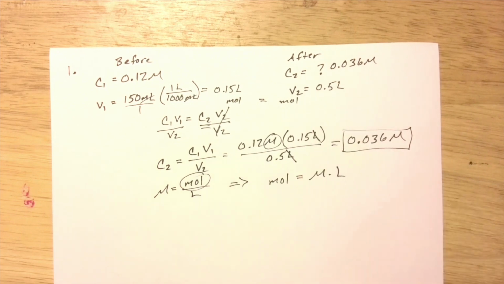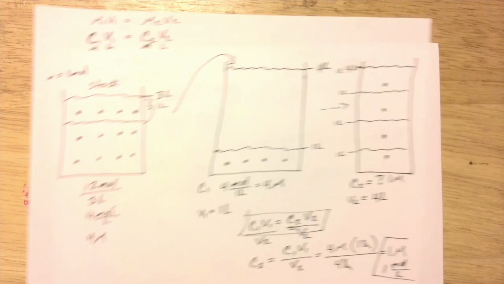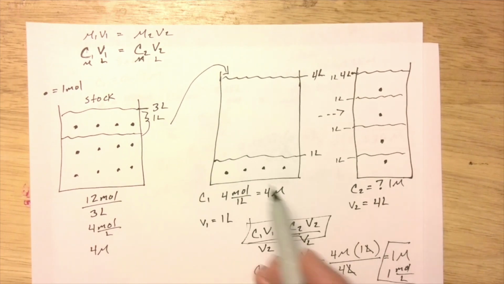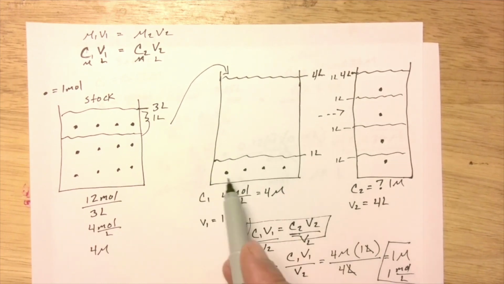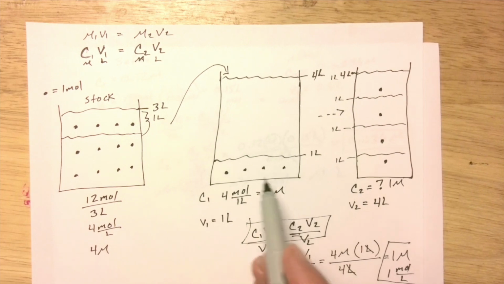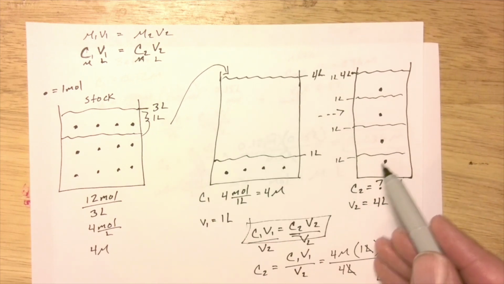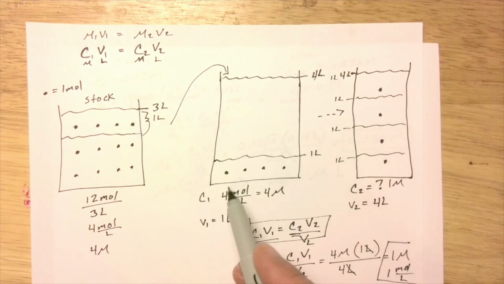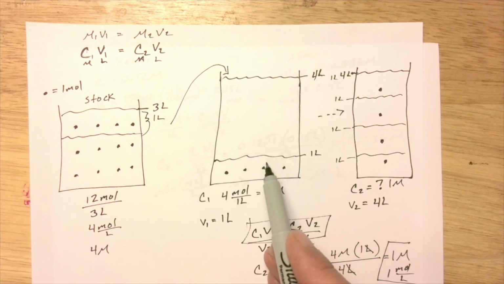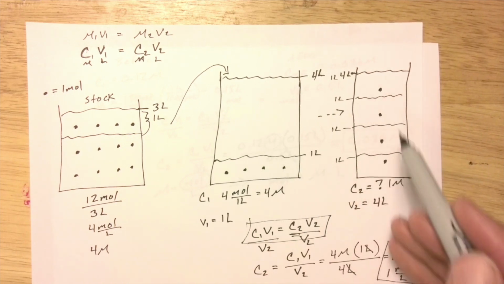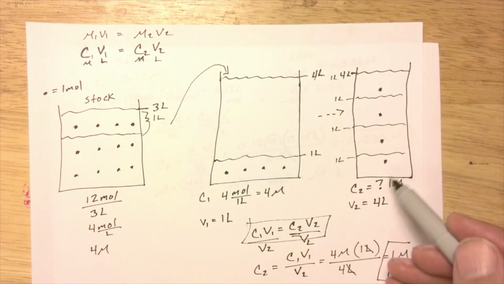All right. So the total number of particles did not change, and that goes back to this analogy here, where each one of these dots represents a mole. So even though I diluted it, the total number of particles still remained the same. Even though I started off with a small volume and a high concentration, by adding more water I increased the volume but decreased the concentration.